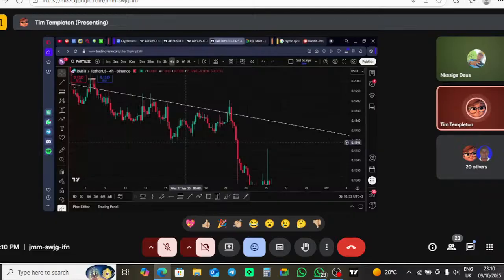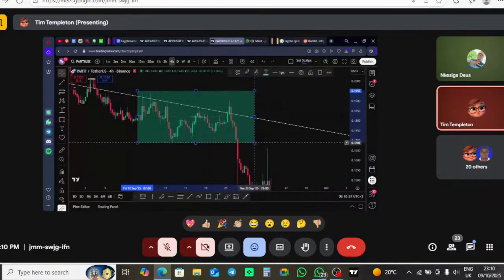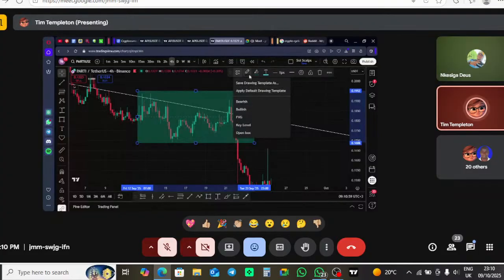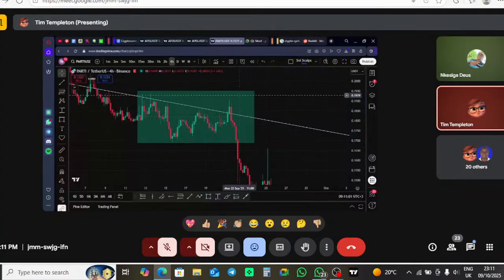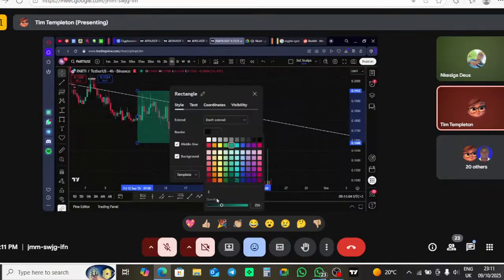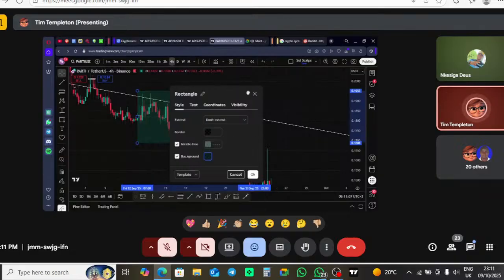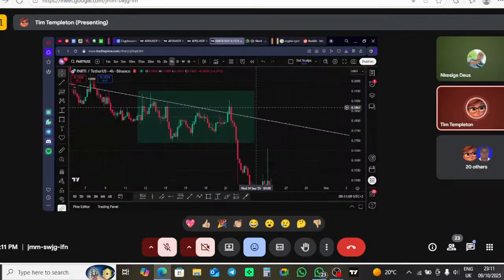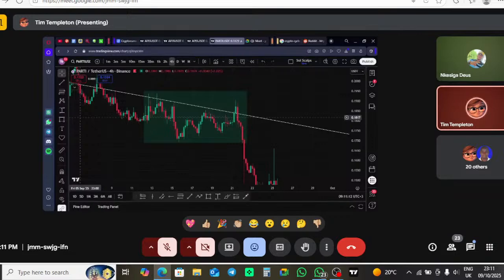I'm going to take an example here. So you see from this box that I've highlighted, we're going to look at this price action happening here. Okay, so what do we see here?